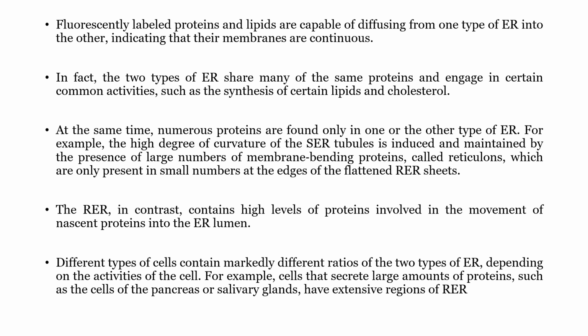On the other side, the rough endoplasmic reticulum contains a high level of proteins involved in the movement of nascent proteins into the ER lumen, because it is mainly involved in protein segregation and transportation. Different types of cells have different proportions of the types of ER, depending upon the function they carry out.